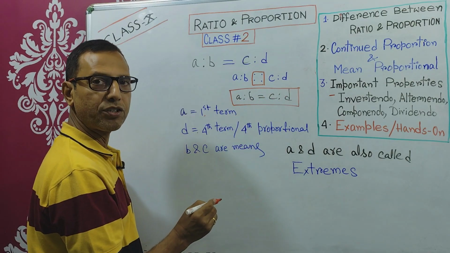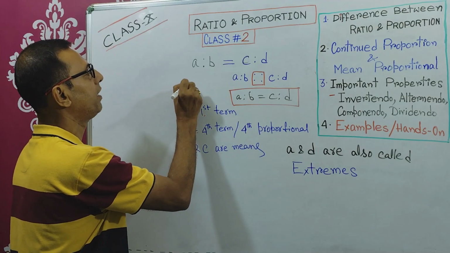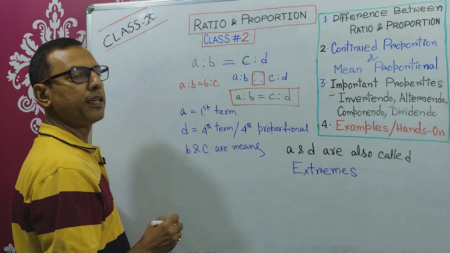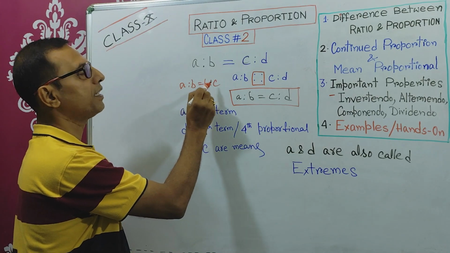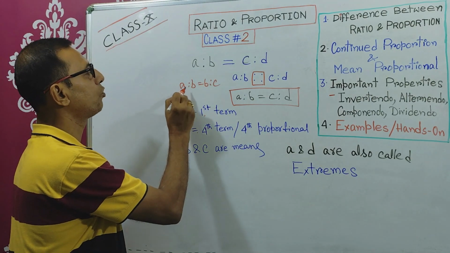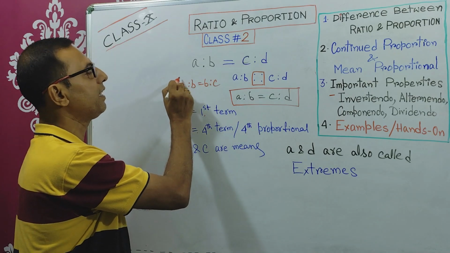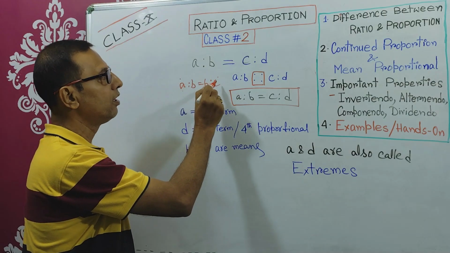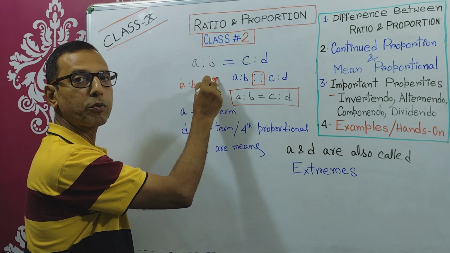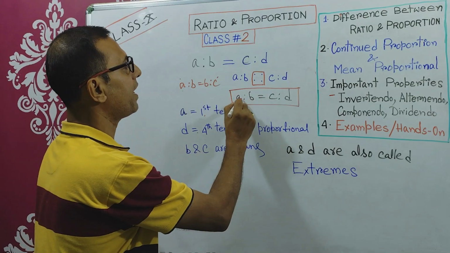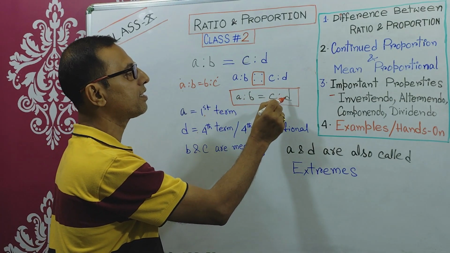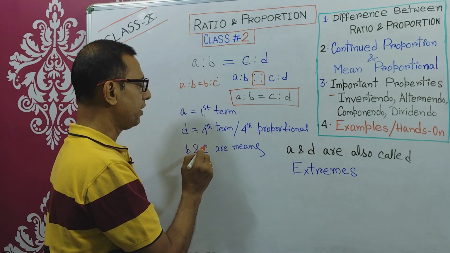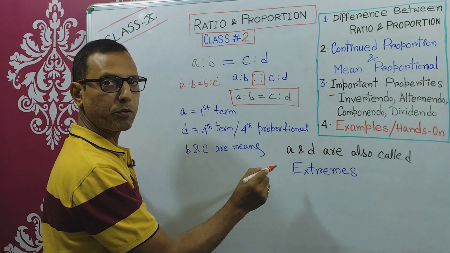If there are three elements, let's say A is to B equals B is to C, here A is the first element and C is the third and last one, so I will say C is the third proportional. And out of A, B, C, D, four elements, D is the last one, so D is the fourth proportional. You can say D is the fourth term or fourth proportional.